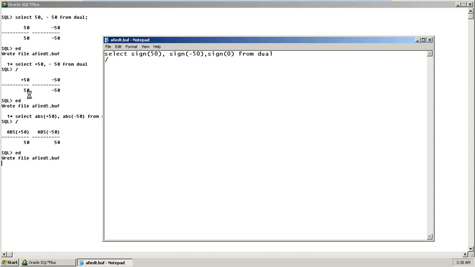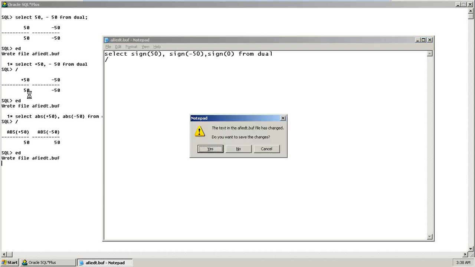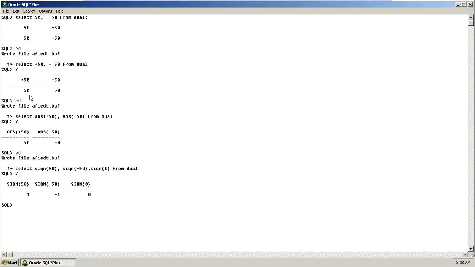If it is a positive number, it returns 1. If it is a negative number, it returns minus 1. If it is 0, it returns 0. See here? Always this sign function returns the sign of the given number. This is the sign function.